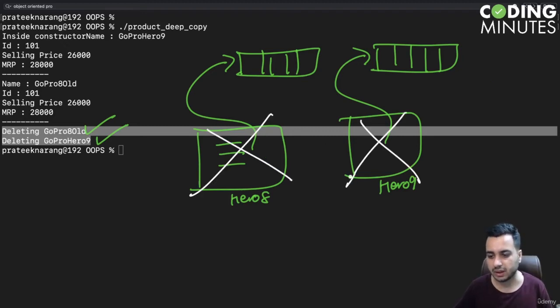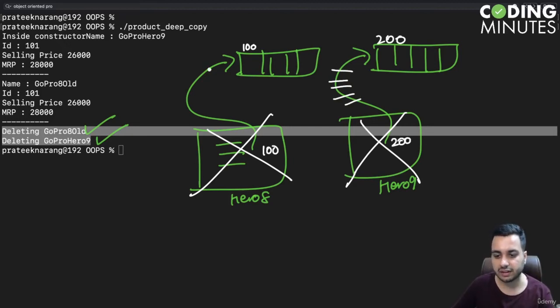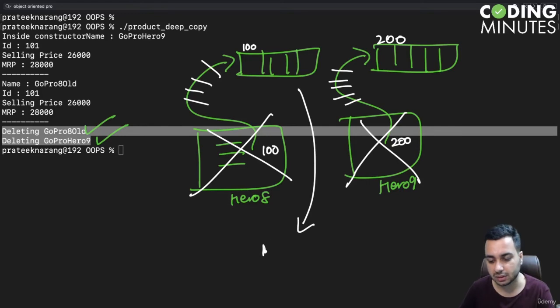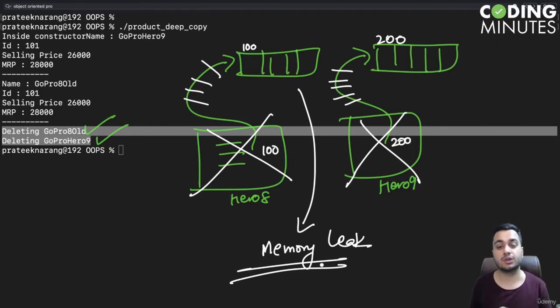The address of this was 100, let's say this was 200. So we actually lost the address of this memory, and this memory is lying unutilized. This creates a problem which is known as memory leak. If you want to become a great programmer, you should not write code that causes memory leaks.